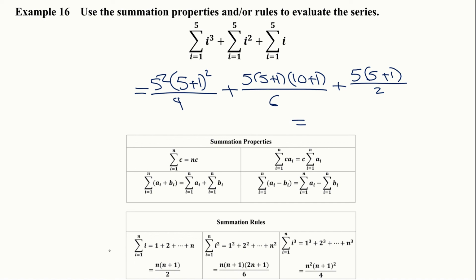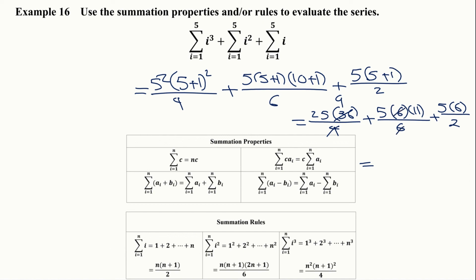So 25 times 36. 5 plus 1 is 6 squared is 36 over 4 plus 5 times 6 times 11 over 6 plus 5 times 6 over 2. 4 and 36 give me 9 on top. 6's cancel out. 2 and 6 give me 3 on top.